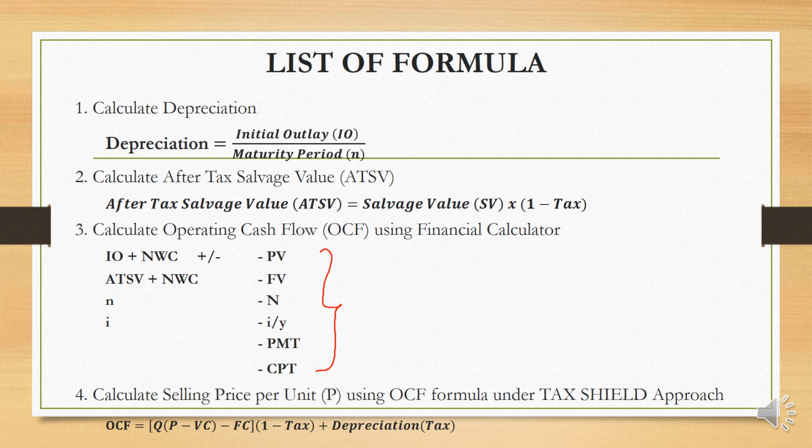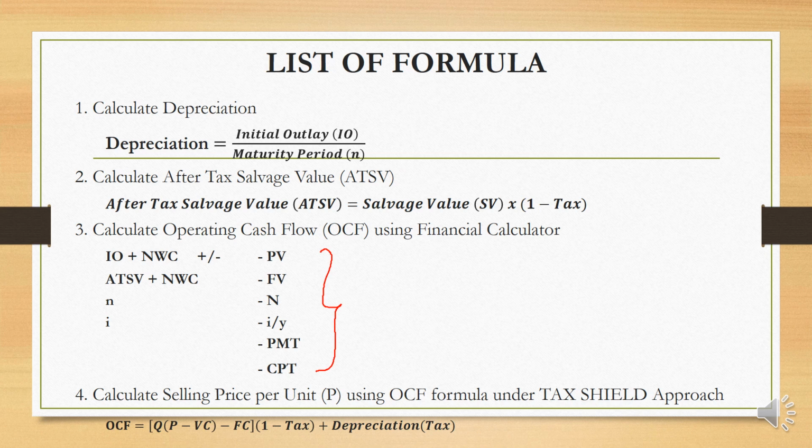PV here represents present value. FV represents future value. N represents maturity period or useful life. I/Y represents rate of return. PMT and also compute, which is CPT.